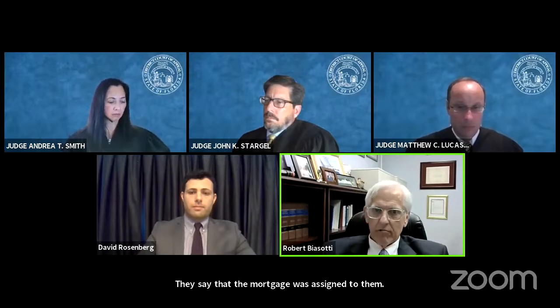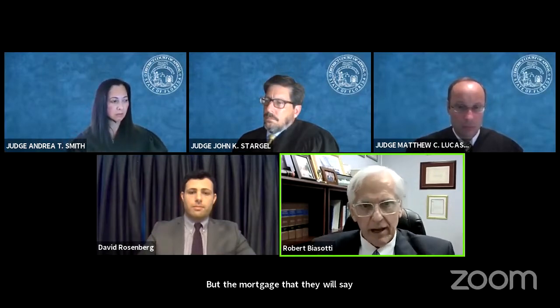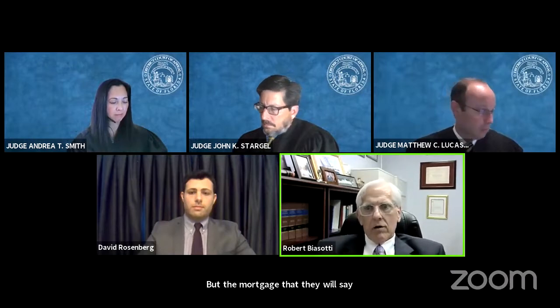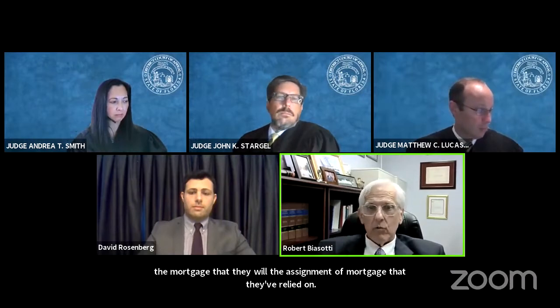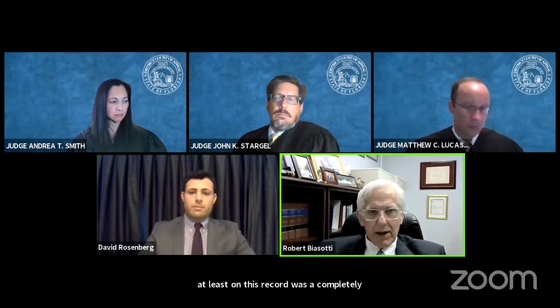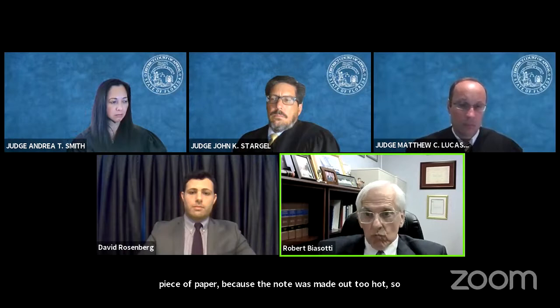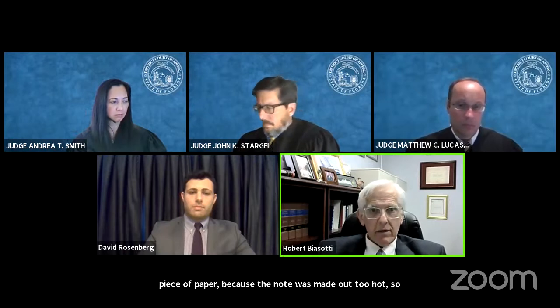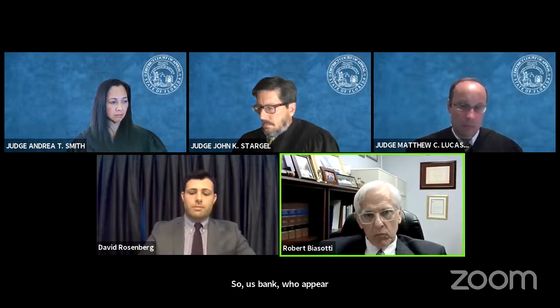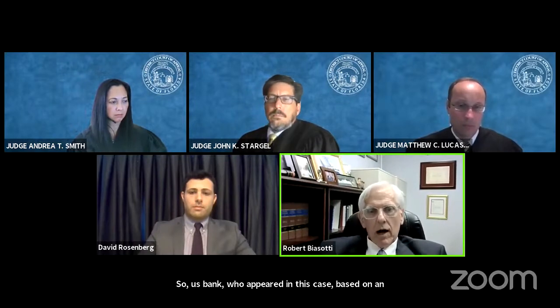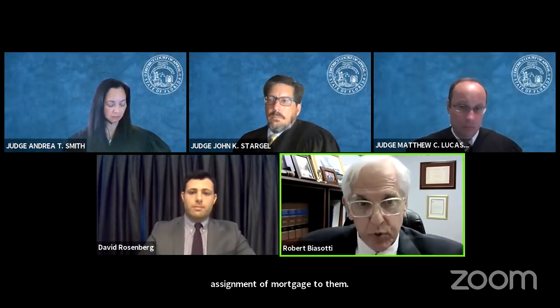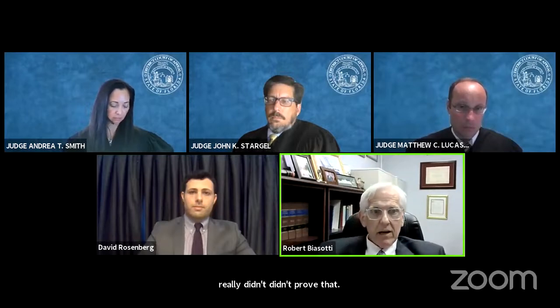And they did it with an assignment of mortgage, they say that the mortgage was assigned to them. But the assignment of mortgage that they relied on, at least on this record, was a completely meaningless piece of paper because the note was made out to Ocwen. So US Bank, who appeared in this case based on an assignment of mortgage to them, really didn't prove that they had any interest in the note.